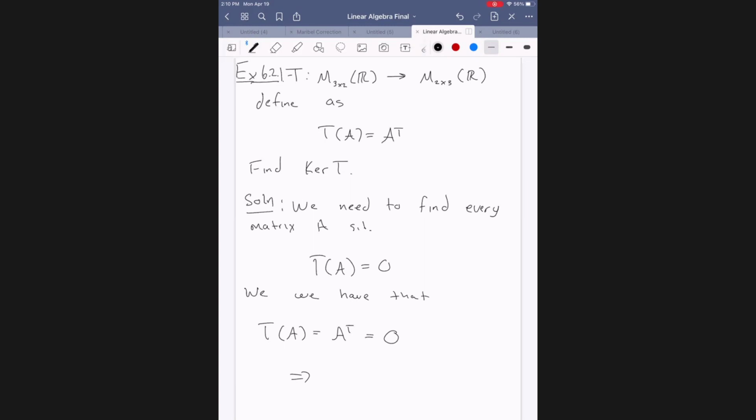If A is 0, right? This is if and only if A is equal to the 0 matrix. So the kernel of T would equal what? What would the kernel of T contain? Yeah, exactly. The 0 matrix, right? The 0 matrix.